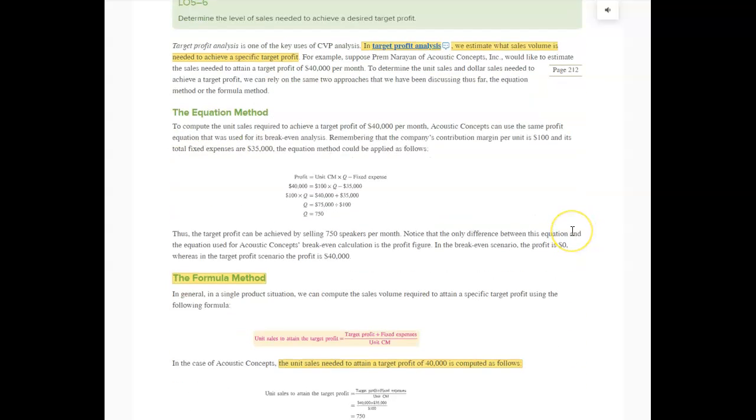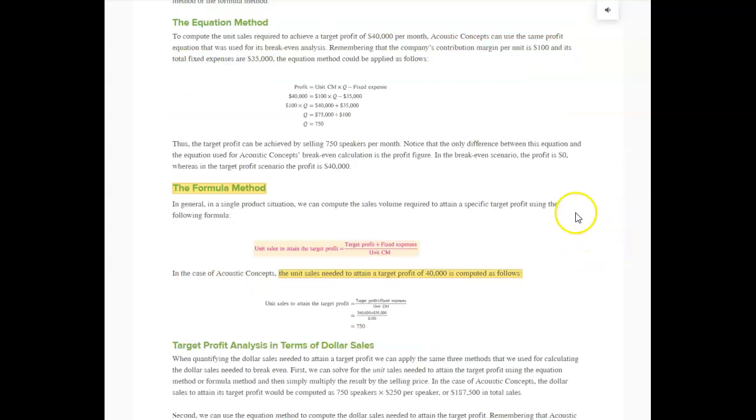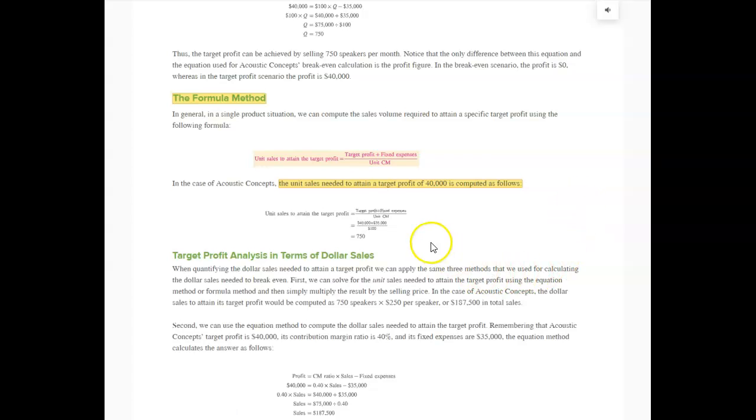Now going one step past that, in most cases we don't want to just break even. We'd like to have a profit. So you might determine, what is my target profit, and how many units do I have to sell to attain that target profit? Going to the formula method, there's only one change. In the numerator, we add the target profit to the fixed expenses.